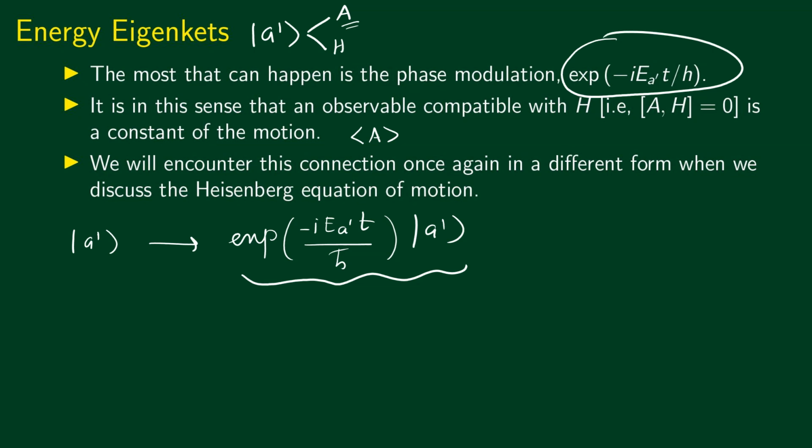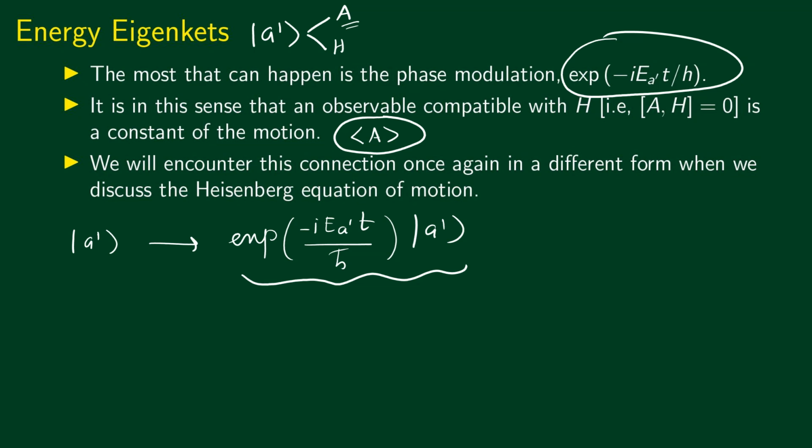So in general, we can say that the expectation value of the operator A does not change with time if operator A commutes with the Hamiltonian. In this sense, an observable that commutes with the Hamiltonian is a constant of the motion. We shall encounter this connection once again when we discuss what's called the Heisenberg equation of motion.